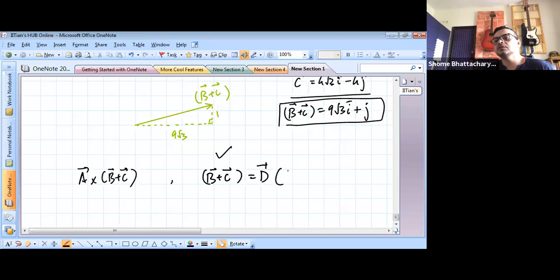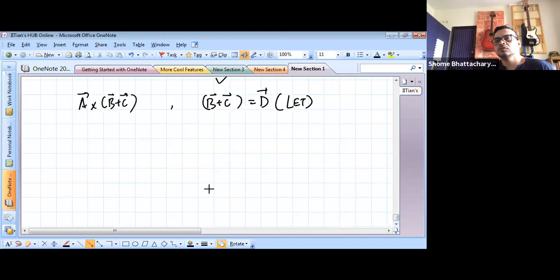So I'm just assuming. So D is this vector now. D is a vector like this.